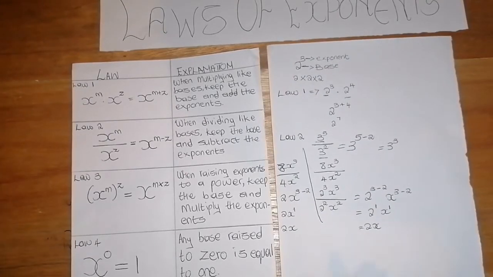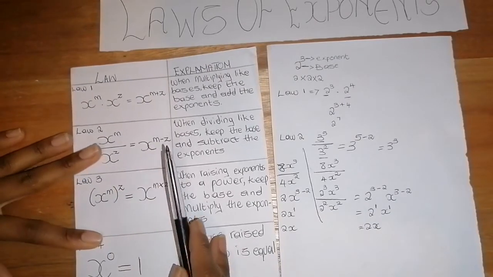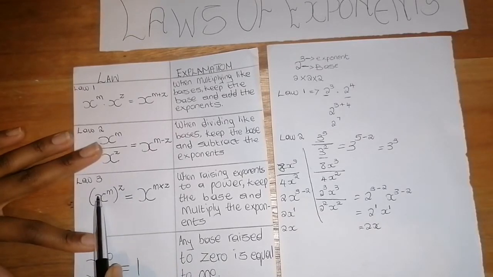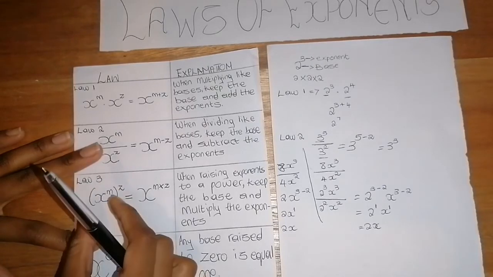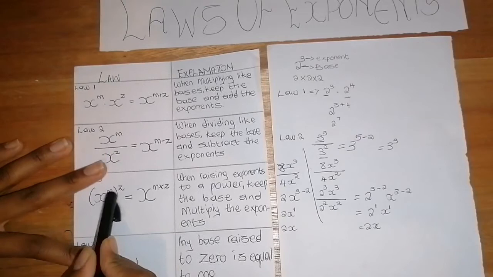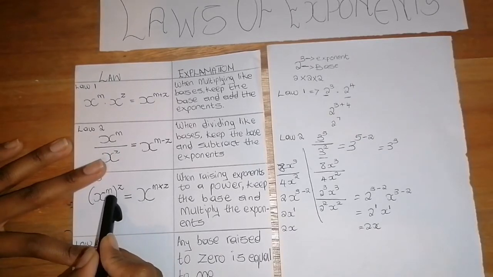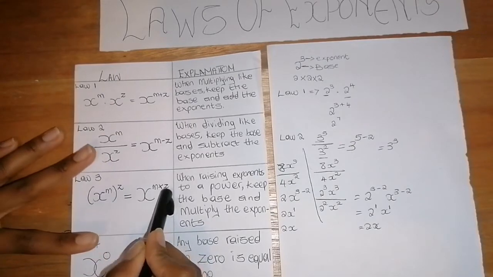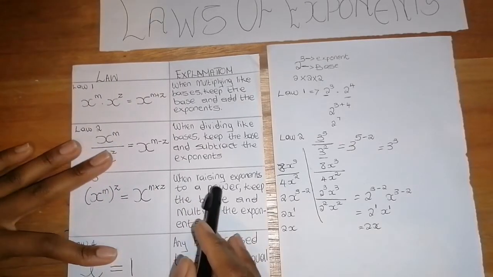So let's move on to law number 3. So what is law number 3 saying? As we can see, we have a term in brackets which is raised to another exponent. So this term in brackets has an exponent, and again this whole term is raised to the exponent z. So this law tells us that it is going to be equal to x to the exponent m times z. So let's hear the explanation.